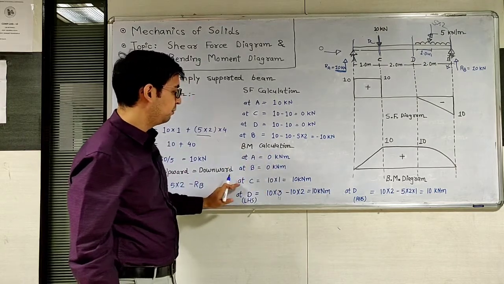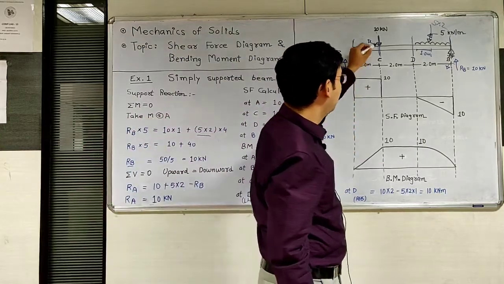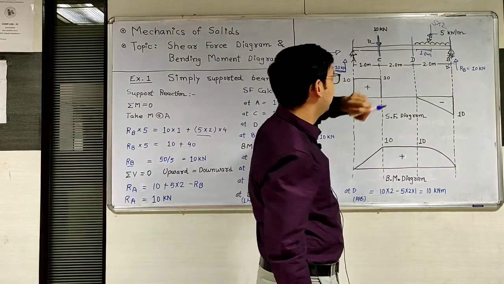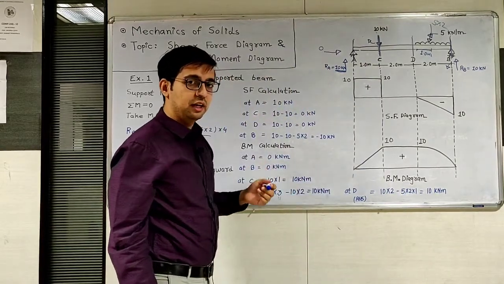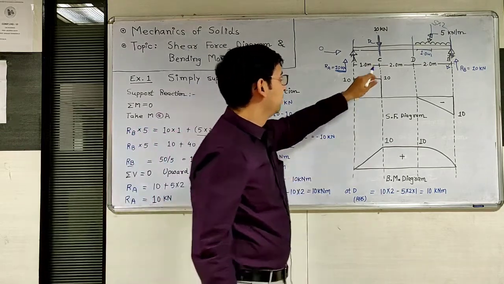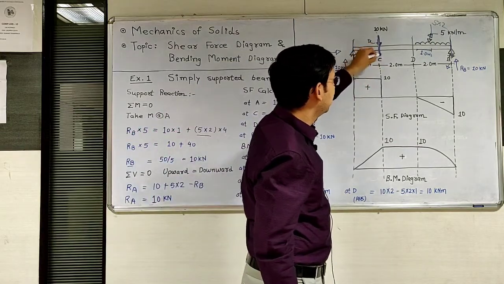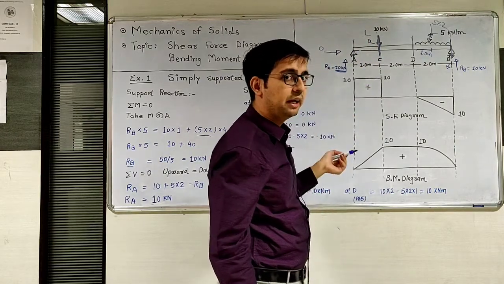Now calculation of moment at C. Moment means force into perpendicular distance, and bending moment means algebraic sum of moment either to the left or right of the section. So we are taking a section at C and using the left hand side portion for calculation of bending moment.